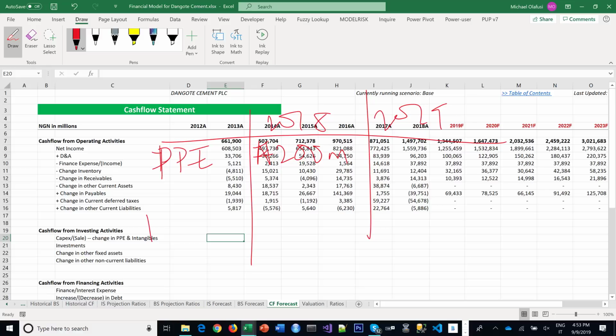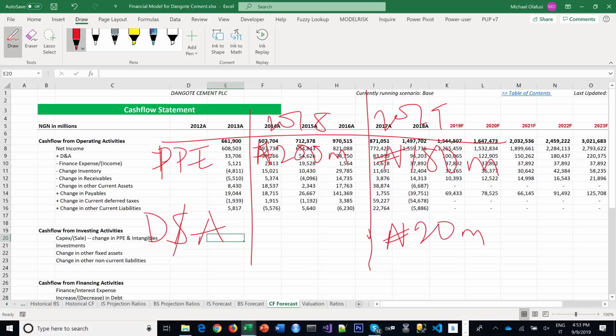And then in my D&A account, my depreciation and amortization, if in 2019 we take out 20 million for depreciation, you will see that this 200 million naira, the book value will now be 180 million.